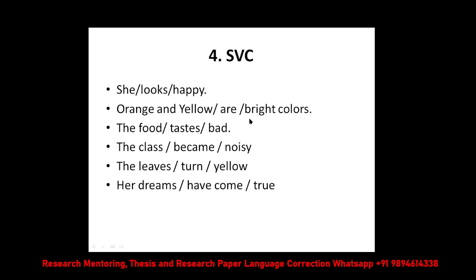So: she looks happy, bright colors, tasteful, bad, the class became noisy, the leaves turn yellow, the dreams have come true. You can understand. Generally, the complement will come after the be-form verbs, that is am, is, was, were and are, or after verbs like become, taste, looks, seems.